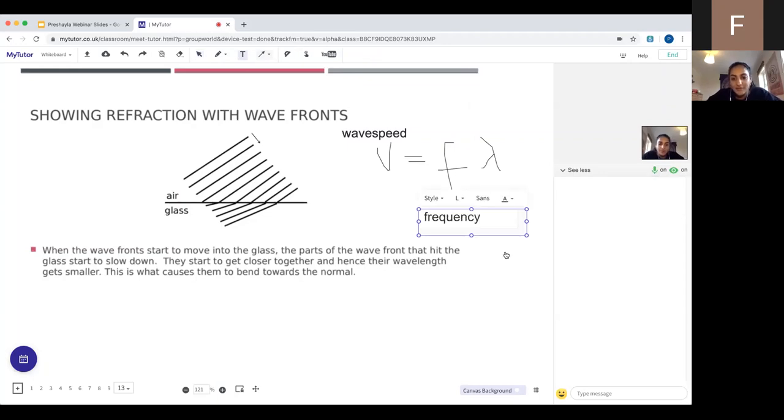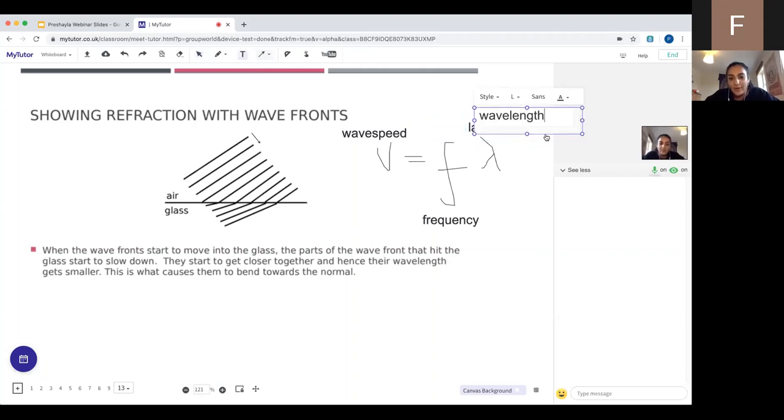F is frequency, and that's not a Y, that's a Greek letter called lambda, which physically means wavelength. So wave speed equals frequency times wavelength, where wave speed is measured in meters per second, frequency in hertz, and wavelength in meters.